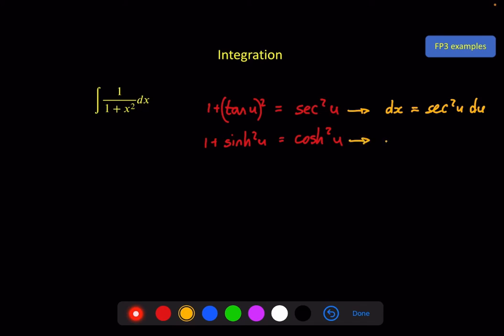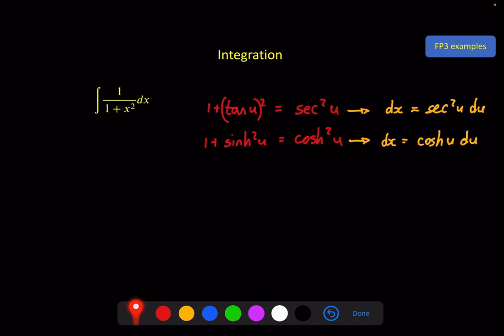If I used this one instead, my dx would be the derivative of sinh, which is cosh u, but not cosh squared, du. And in this case, the derivative would be on the top, and the 1 plus the thing squared would be on the bottom. So if I had this on the top and this on the bottom, you can see that they would cancel out completely. If I had this on the top and this on the bottom, they would not cancel completely, and although you could probably do that, it would be a little bit more work than this one here.